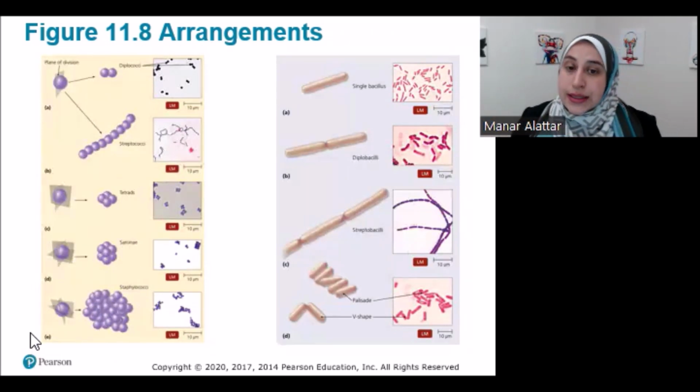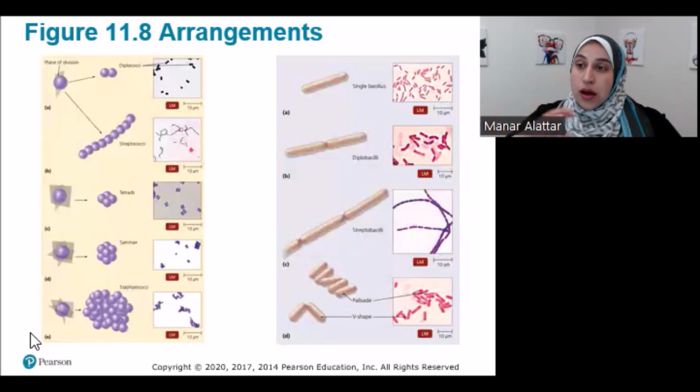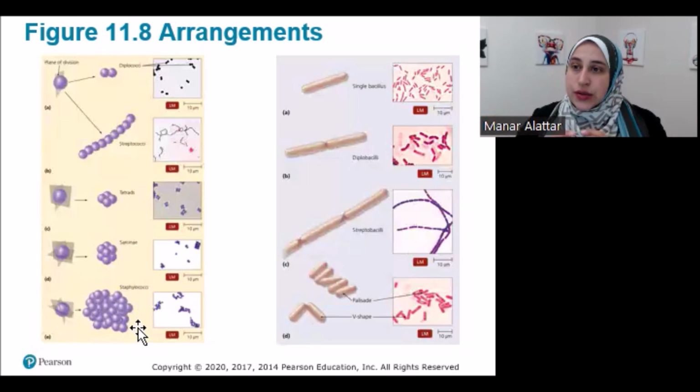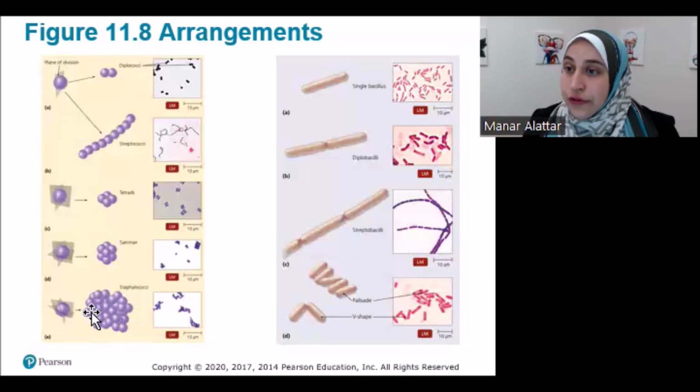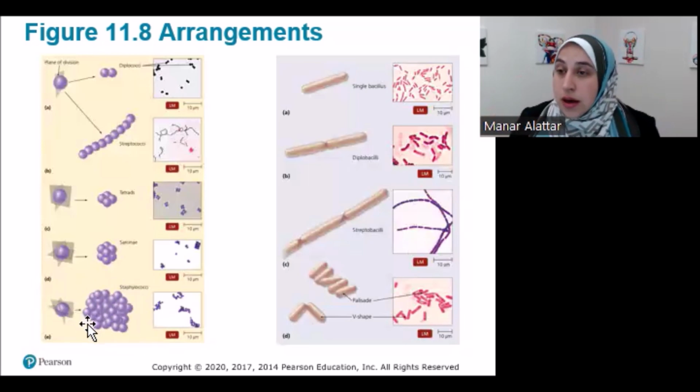You also have organisms that just divide along random planes throughout their coccus-shaped organism. And in that case, you'll just get this random clustering of cells, and we call that staph. So staphylococcus or staphylococci, where you have just random clustering of organisms.